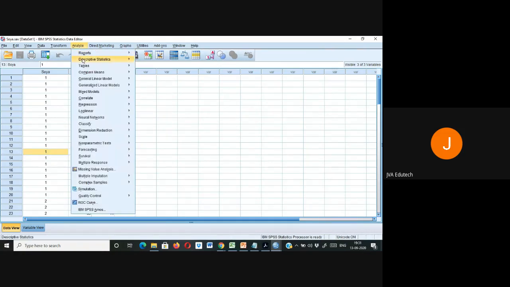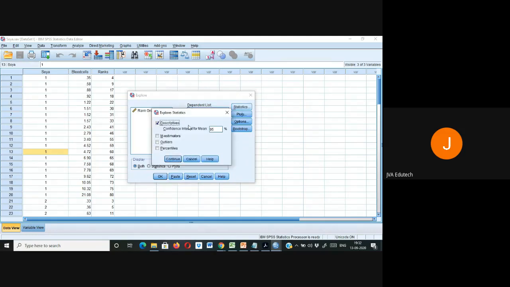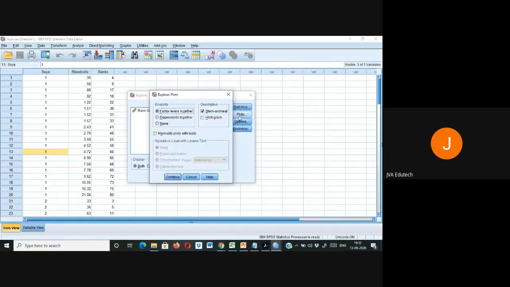So now you go to descriptive statistics, explore, and here you take blood cells count. Your factor list is number of soya meals. Go to plots, normality plots with test. Continue.